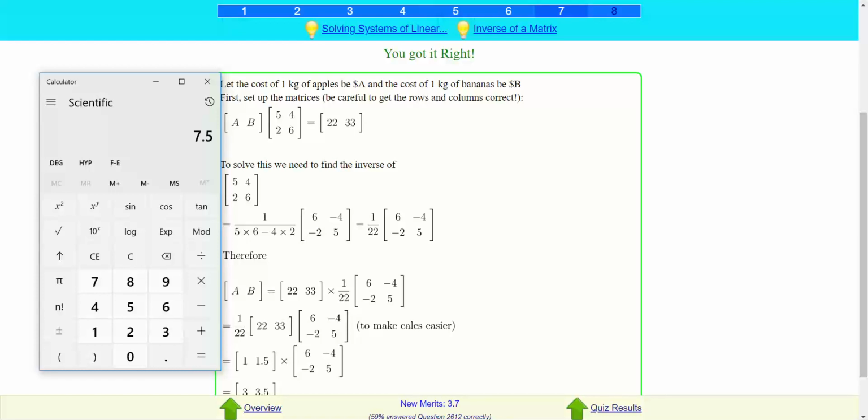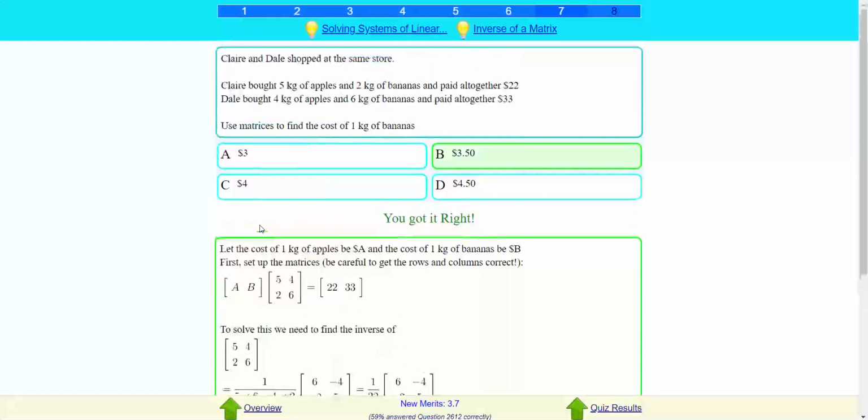So 1 is actually 6. 1.5 multiplied by 2 is actually 3. Interesting. What am I doing wrong?